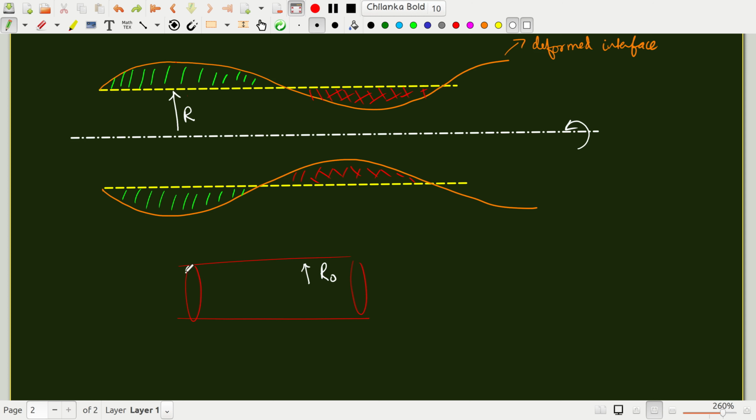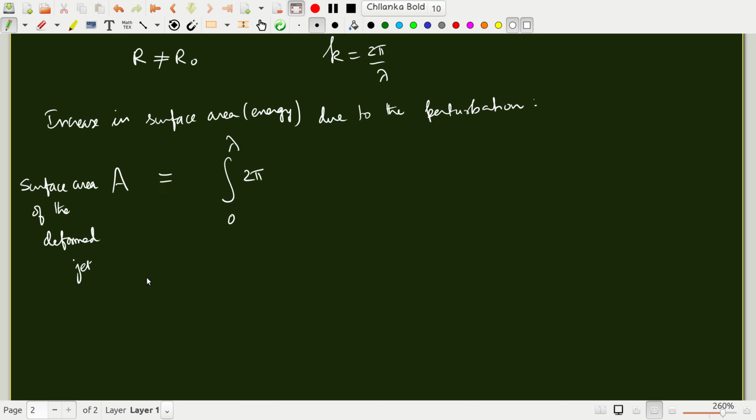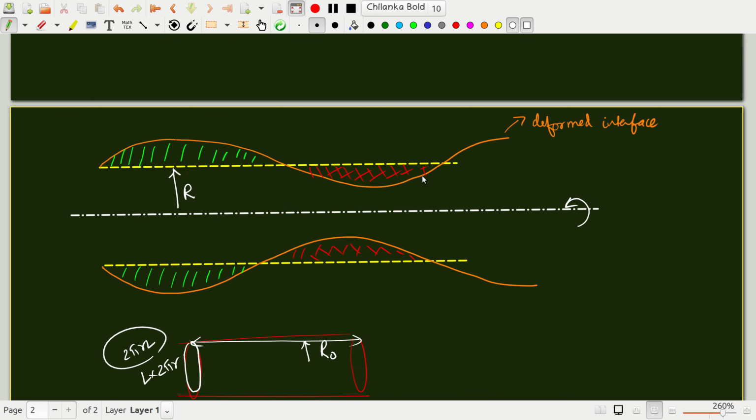I'll take the circumference of the cylinder, which is 2 pi r, and then I'll multiply it by the length of the cylinder L, which is 2 pi r L, the surface area of a cylinder. Now we don't have a cylinder per se, we have a deformed configuration like this.